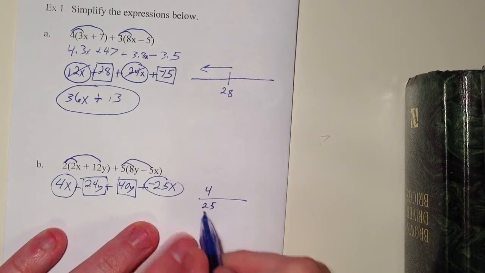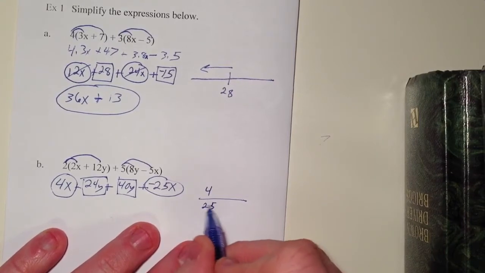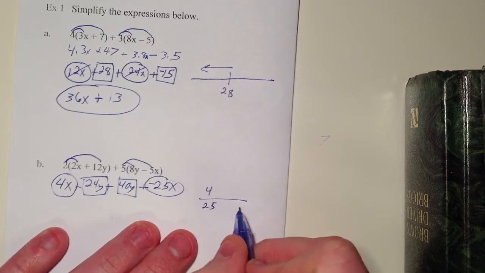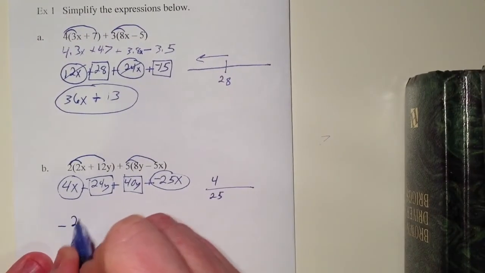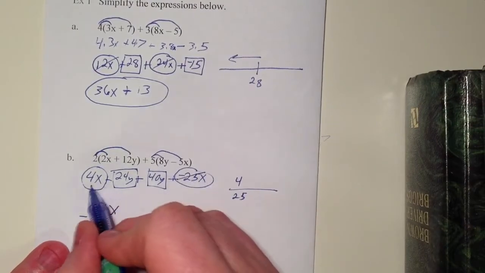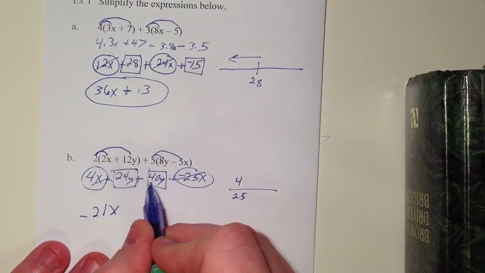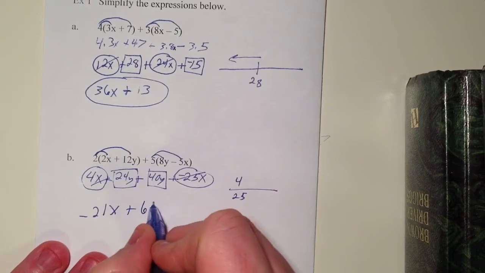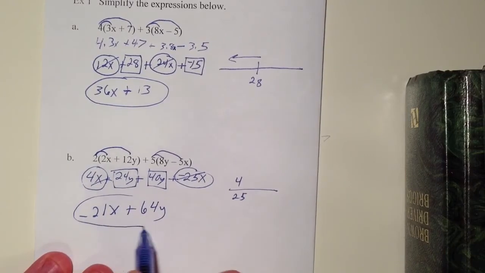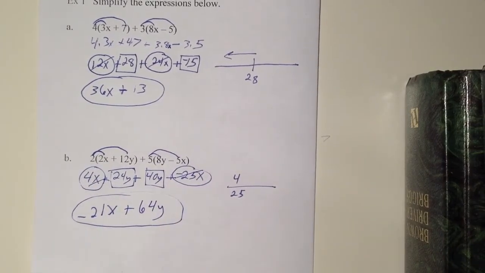I don't want to draw 25 tick marks, but I'm asking myself what's going to happen. 4 of these are going to cancel out. I'll be left with 21 on the bottom. So it's negative 21x. Those are gone. I have a positive 24 and a positive 40, and I get a positive 64y. And since that's an x and that's a y, they're different. So I keep them. And that's it.